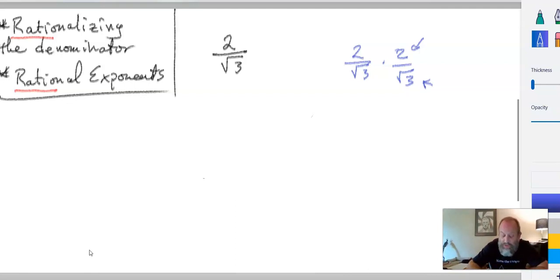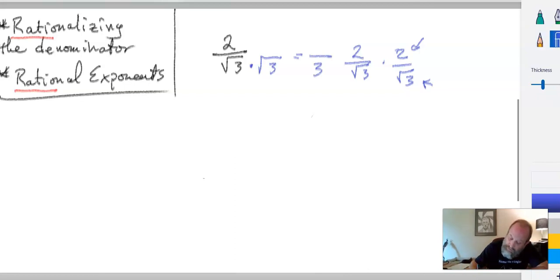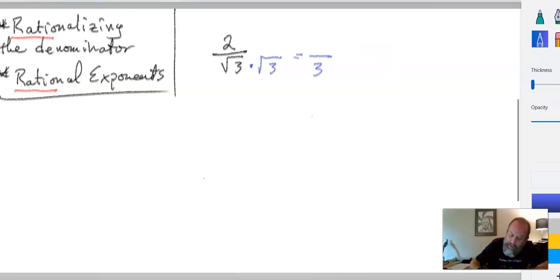And so what you end up doing with these, you want to make sure your root is simplified first, and in this case, we're simplified. If I multiply it by the square root of 3, that will give me a 3 in the denominator. Let me get this off of here so it doesn't look like it's part of the computation. There we go.